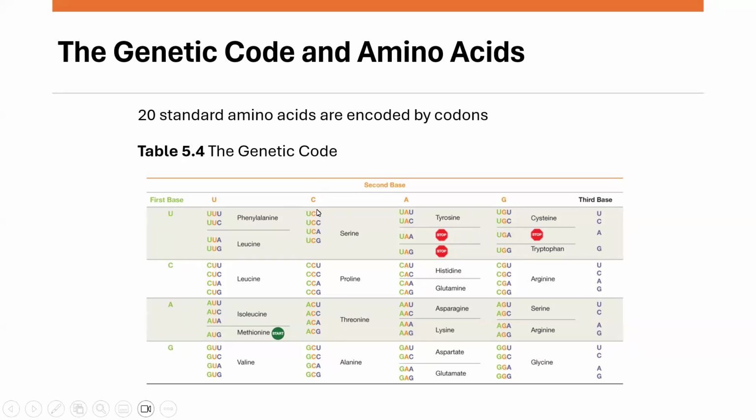So you can see that UCC makes serine, so does UCA, UCG, UCU. So any alteration in that third base is still going to give you serine as long as the first two are UC. And so you see this across the board that there's some level of built-in redundancy, with the exception of the start codon, which is methionine, which is always AUG.